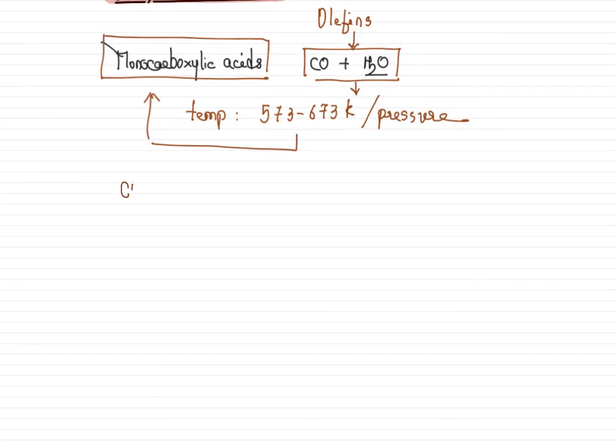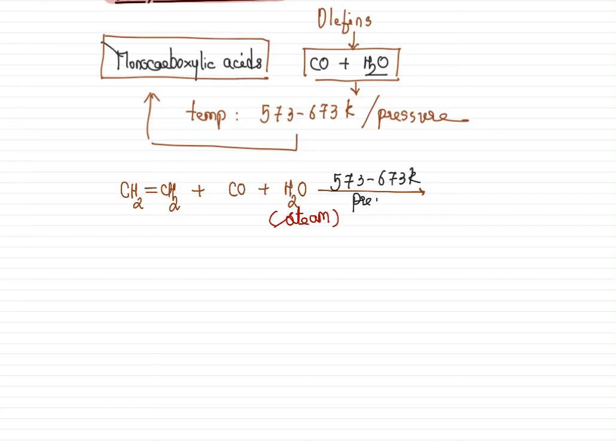Now, if you start with CH2 double bond CH2, one of the common alkenes, and you allow it to react with carbon monoxide and H2O, normally taken in the form of steam, the conditions would be 573 to 673 kelvins temperature. Pressure is also applied, and generally an acid catalyst like H3PO4 is used.